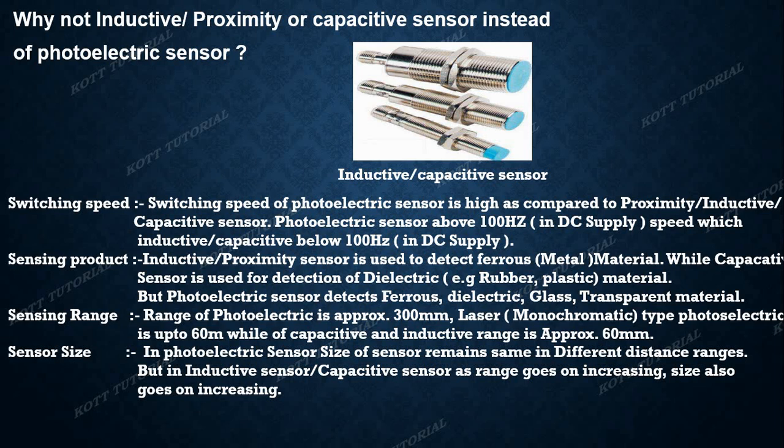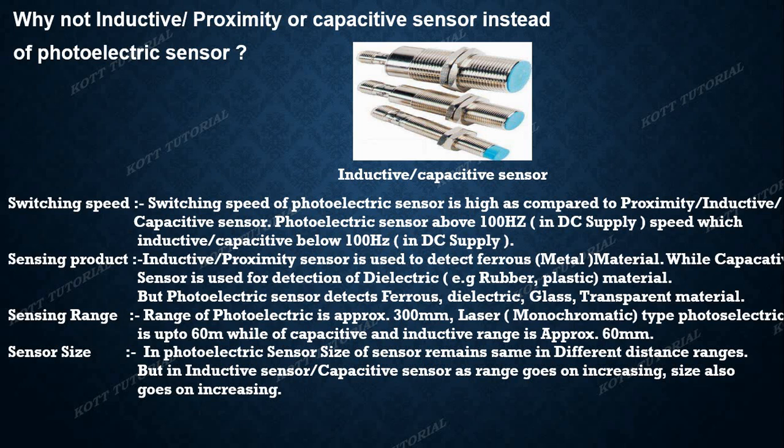But in the case of capacitive and inductive sensors it is not the same. See, as the sensing range goes on increasing for capacitive and inductive sensors, the size also goes on increasing. If I am using a capacitive sensor to detect a product within 4 mm, and in my future application I need the same sensor to detect an object at say 15 mm, I cannot use the same sensor.